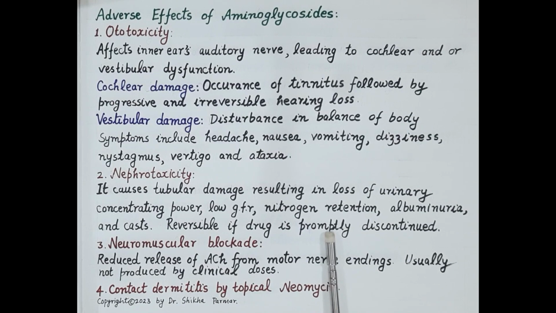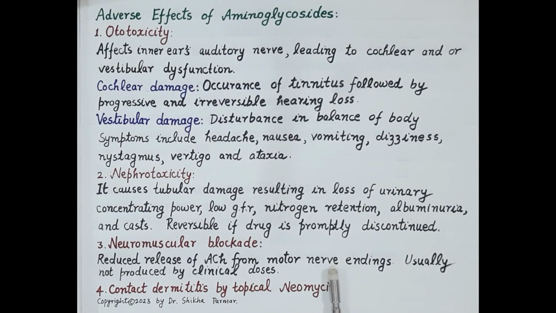Now, aminoglycosides can also cause neuromuscular blockage. Neuromuscular blockage reduces the release of acetylcholine from the motor nerve endings, and reduction in the release of acetylcholine causes muscle relaxation.